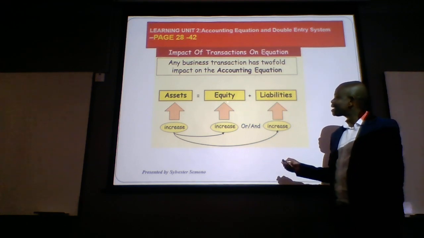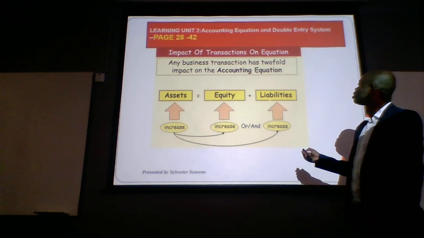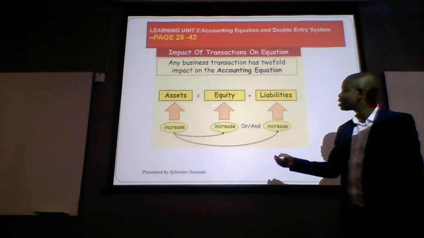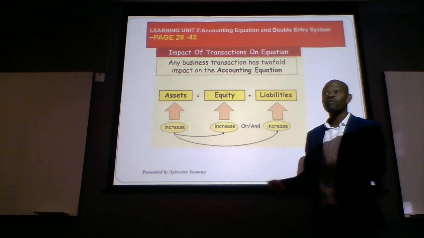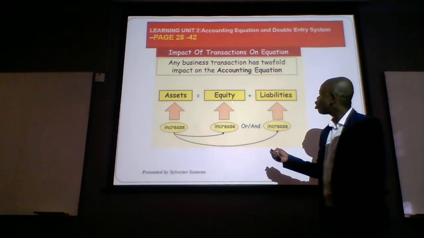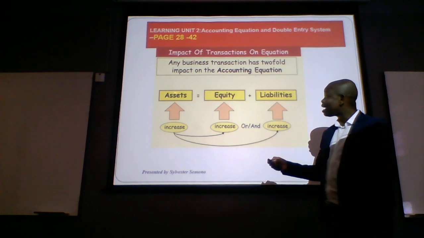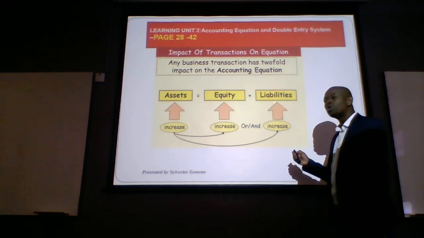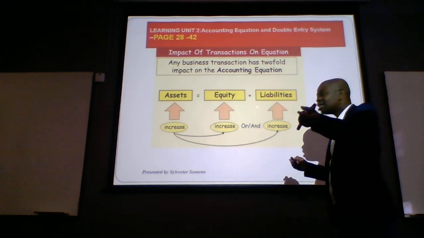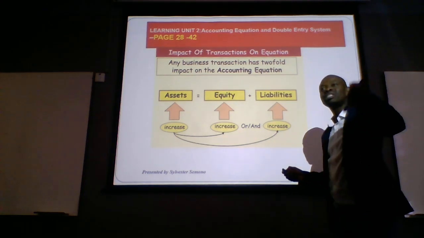But sometimes capital is not enough to buy assets. I will use liabilities to support my equity so that we can buy assets. For example, if my assets are 50,000 and I only have 20,000, I'll negotiate with the supplier and say, can I give you 20,000 and pay you 30,000 using installments?